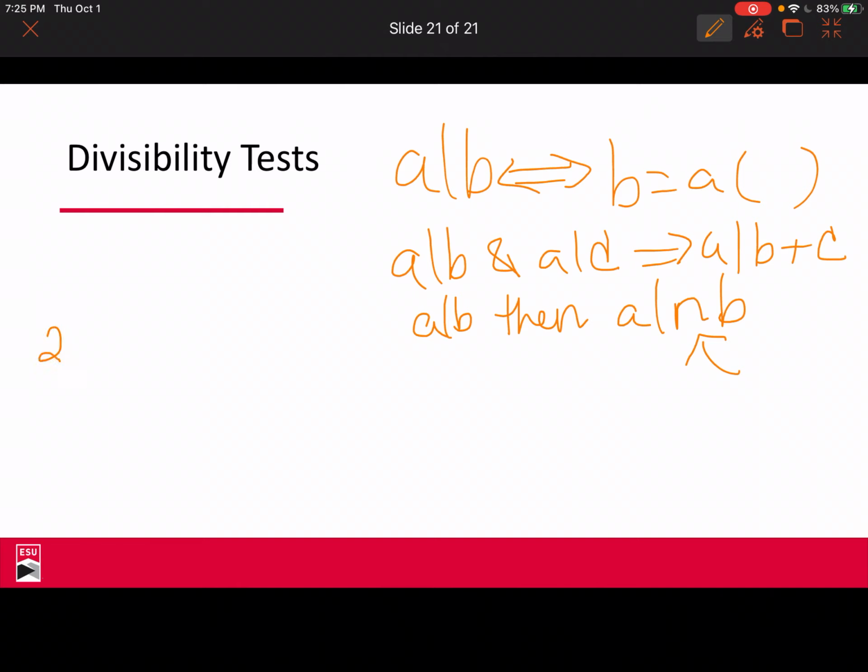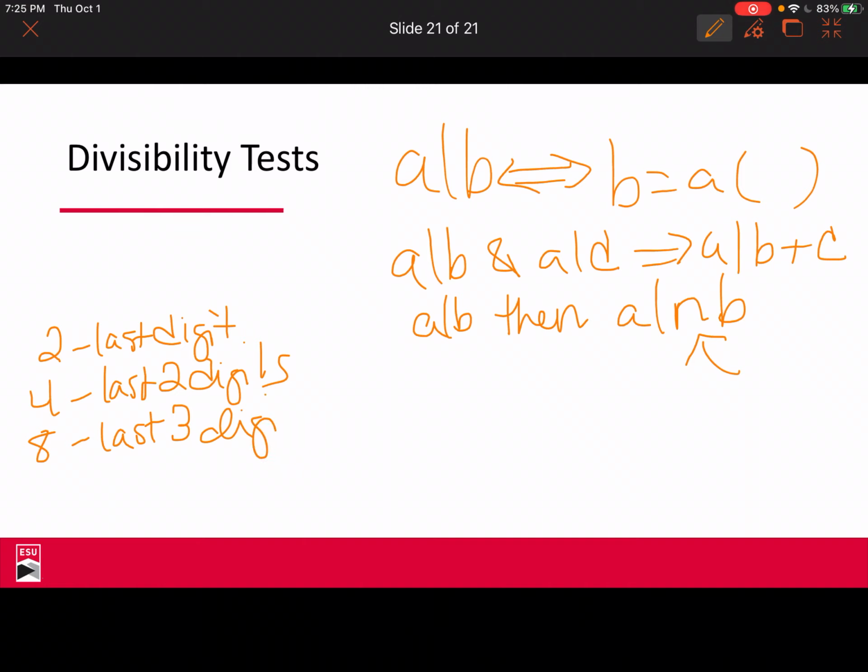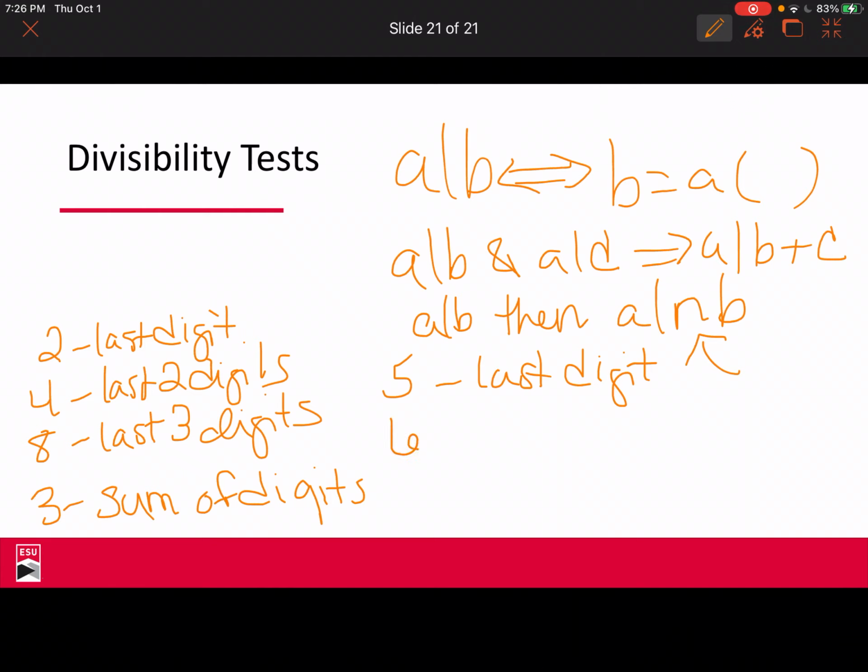And then we can check for 2, the last digit. 4, last 2 digits. 8, last 3 digits. 3, sum of digits. 5, last digit. 6, 2 and 3. 7, we don't have a nice neat rule. 8, last 3 digits. 9 is also sum of digits. 10, last digit.